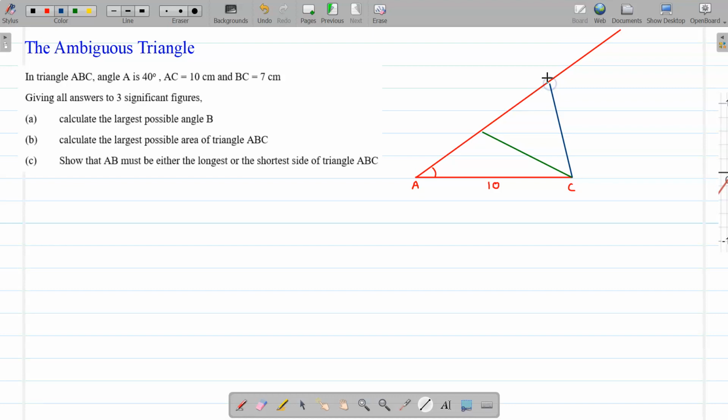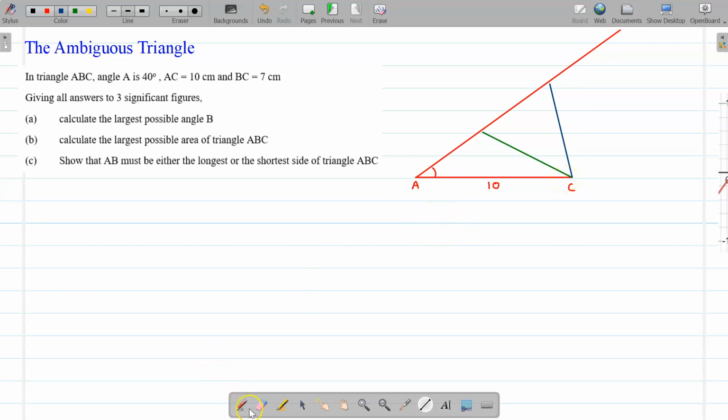So what I've shown is that, based on this information, there are two possible triangles that could be created: the larger one, ABC, or the smaller one, ABC. Both have a line of 7 centimeters opposite the angle A. Both have a line of 10 centimeters joining the points AC.